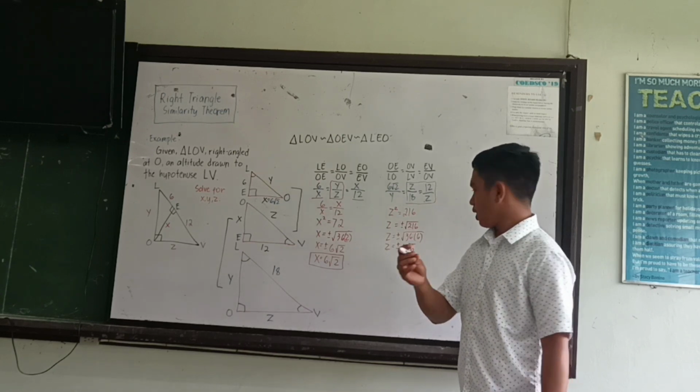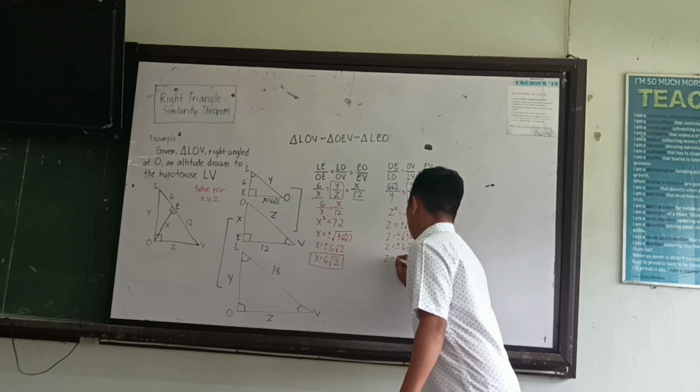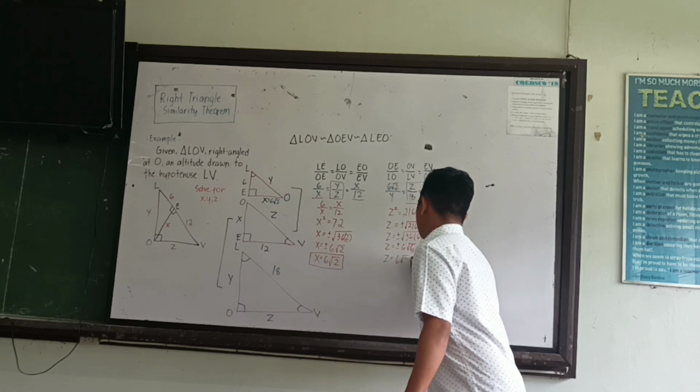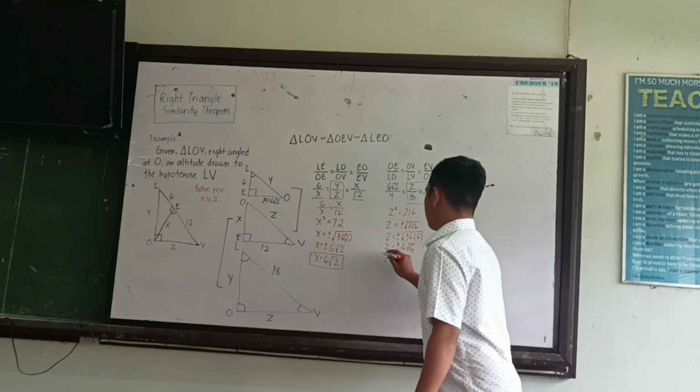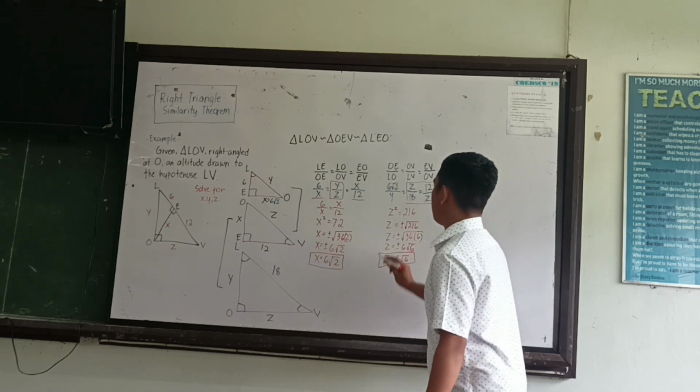Now, we are just going to accept the positive value. We have z equals 6 square root of 6. This is the value for our z.